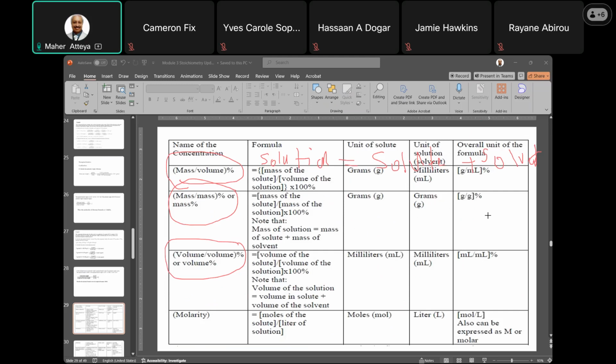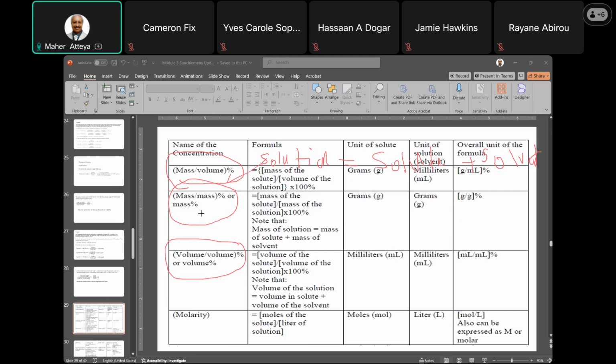What is mass over volume percentage? Here I take the sugar mass divided by the volume of the H2O multiplied by 100, which gives me mass over volume percentage, correct? We'll look into some examples, but at least you get the idea.